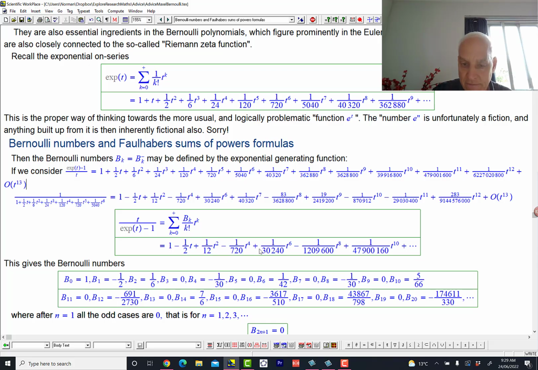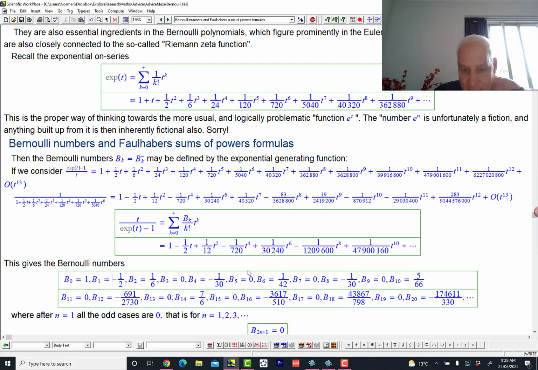In fact, there's no t to the 5th term, no t to the 7th term. All the subsequent odd powers are gone. There are only coefficients of even powers of t after this place. However, here's the only odd power of t, this minus 1/2 t, that's responsible for b sub 1. Then the pattern carries on.